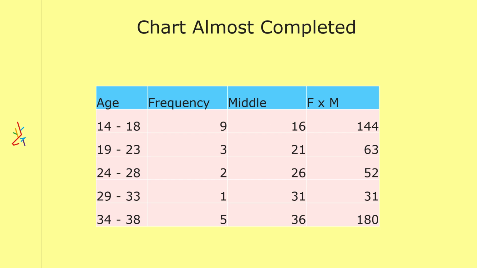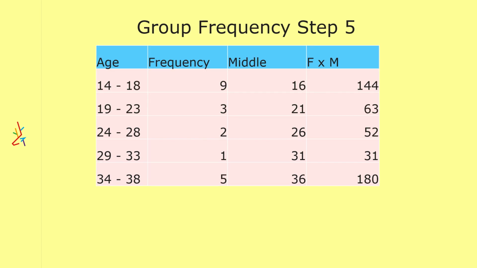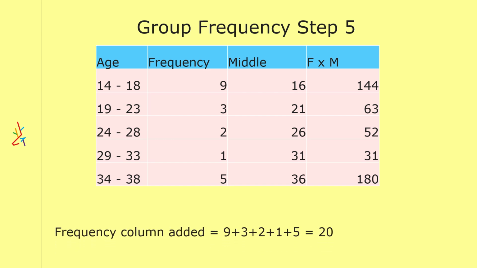Once you've done all of that, then the chart that you've been given is almost complete. There's just another couple of things you need to do. Next step, step 5, is adding 2 columns. You have to add the frequency column and the F times M column. So that middle column, the column titled middle, you don't touch it.